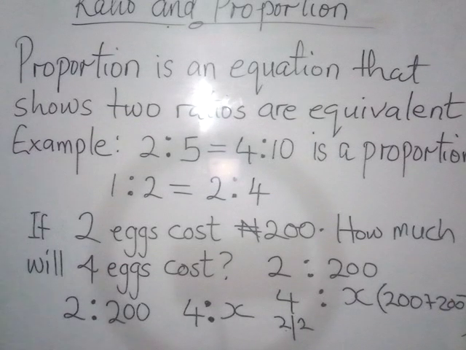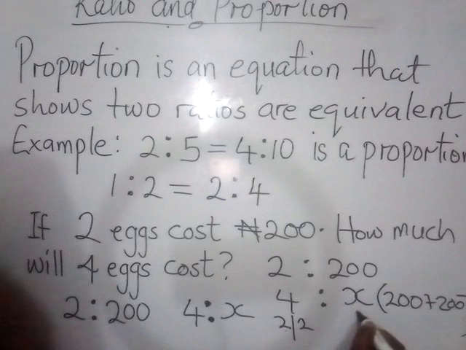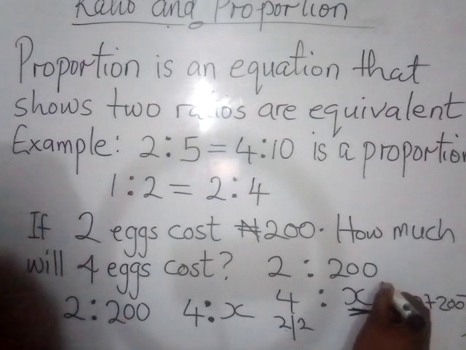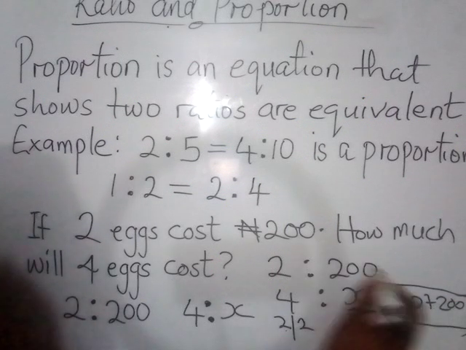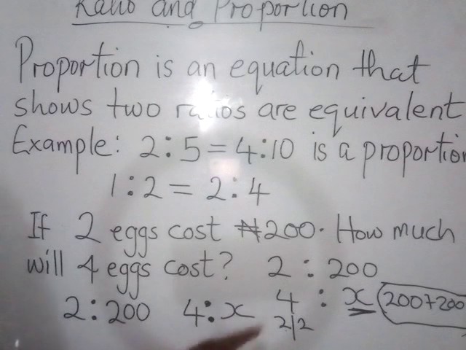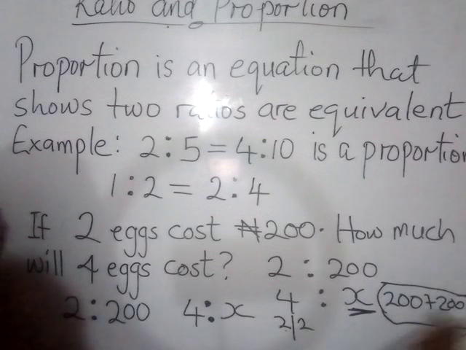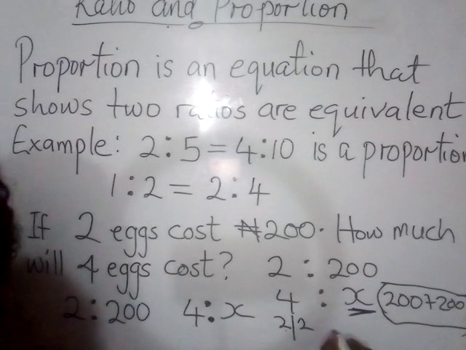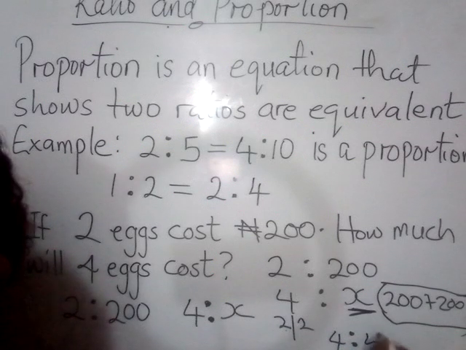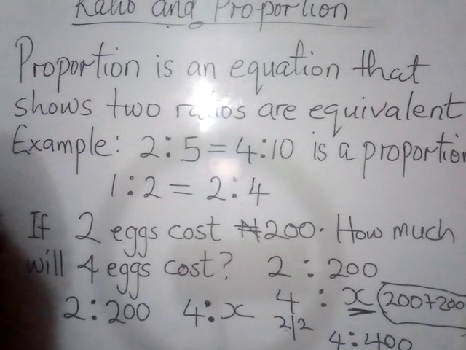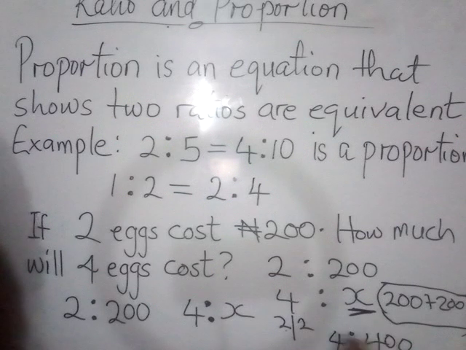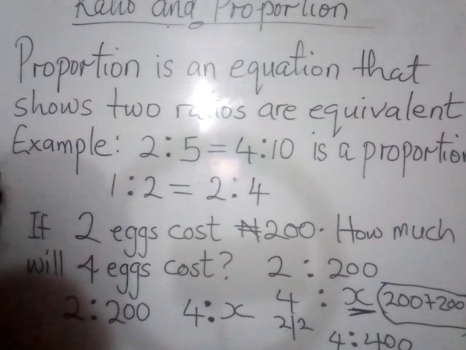This is just a simplified way of doing it for you. So this is what our x stands for here. Since 4 is 2 in 2 places, every 2 costs 200. So this first 2 costs 200, the second 2 in 4 costs 200. So that means the 4 will cost what? 200 plus 200. That's 400. I hope you see that?